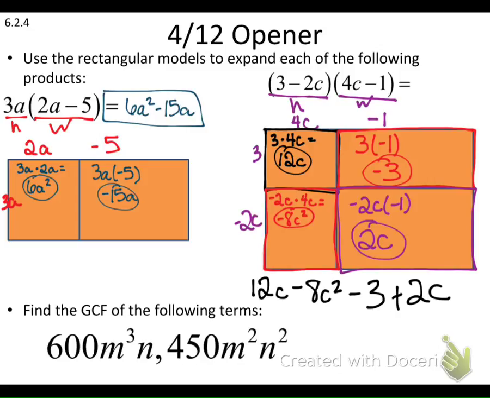Final answer? No. Why not? I have to combine like terms. Which two terms am I going to combine, Deontay? 12 and the 2. Good. 14C, right? So I'm going to have 14C.